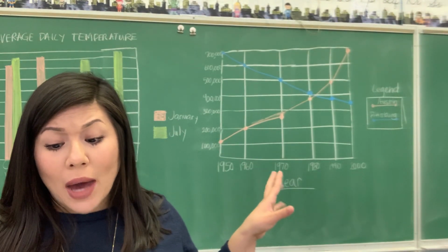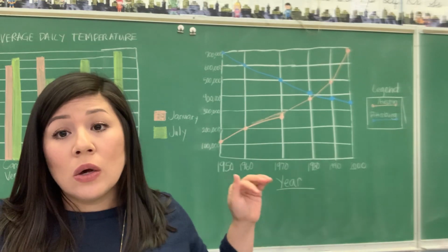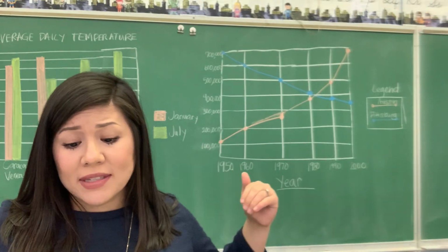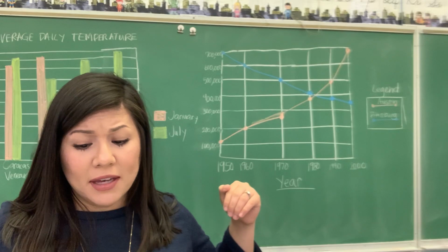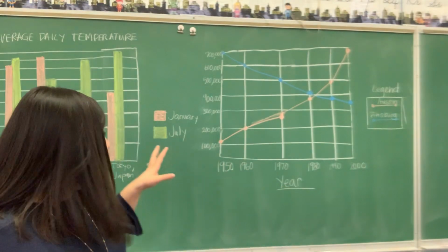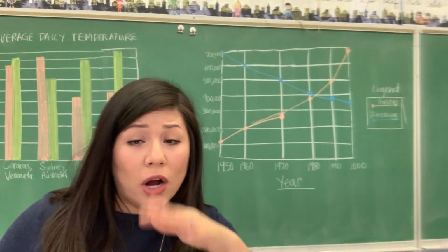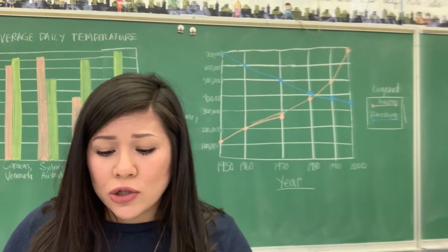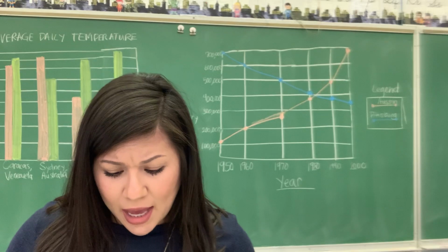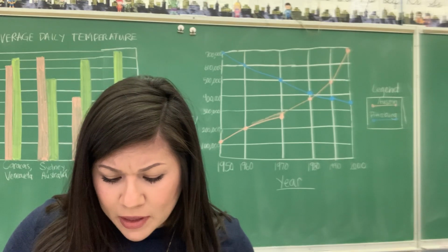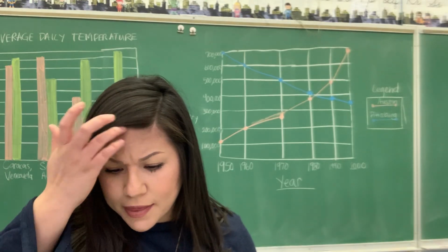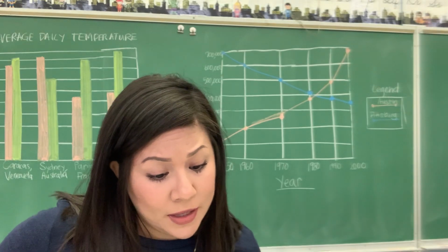What you have to do is draw a graph with your centimeters either on the bottom or on the side, and you have to have Mia's seedling located on that line graph as well. All right, so you have two graphs to do.